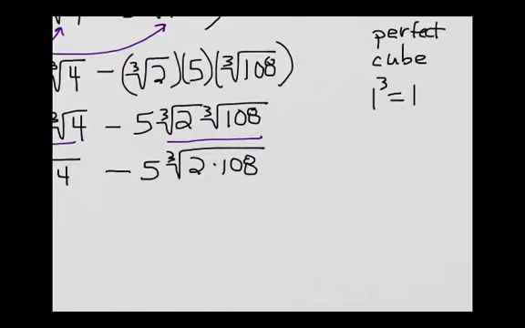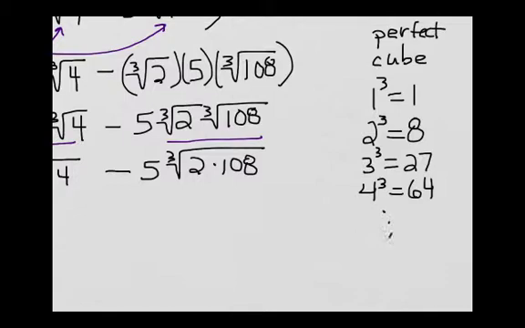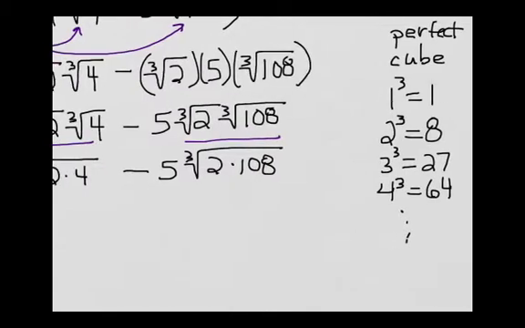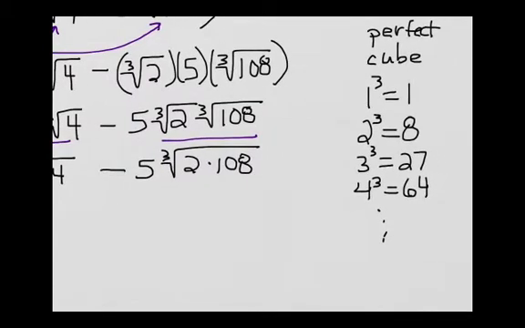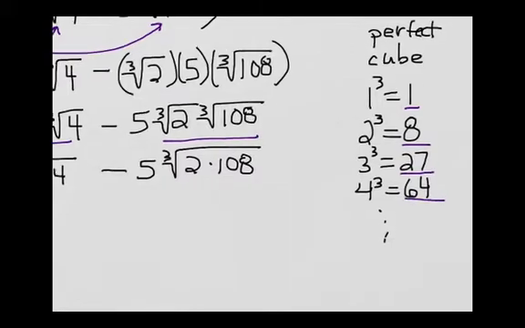Well, that doesn't help me in terms of simplifying, so I'll continue on. 2 cubed is equal to 8, 3 cubed is equal to 27, and 4 cubed is equal to 64. We could write out some more, but this will probably be enough for us to get through. These numbers we want to keep in mind to help us simplify, because if we can find those factors, then we'll be able to simplify over here.